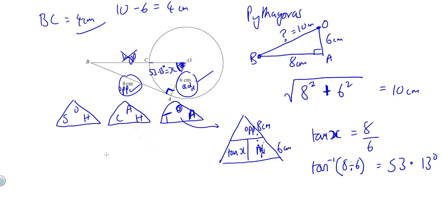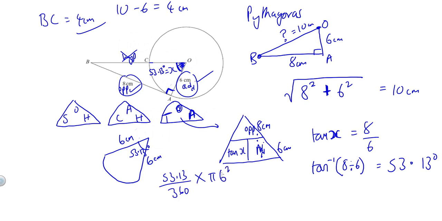So I've got my sector now. If I just quickly draw that, which is really a part of a circle, it's got a radius of 6 centimeters. Now the formula to work out this sector over here, which is really a part of a circle, it's 53.13 out of 360. It's just a fraction of a circle of pi r squared, or if you like pi times 6 squared, because the radius is 6.